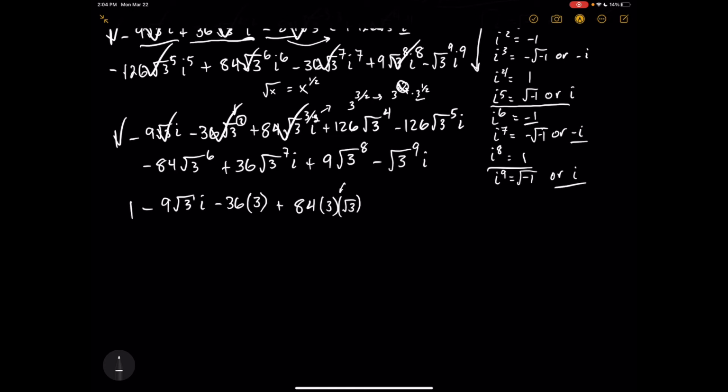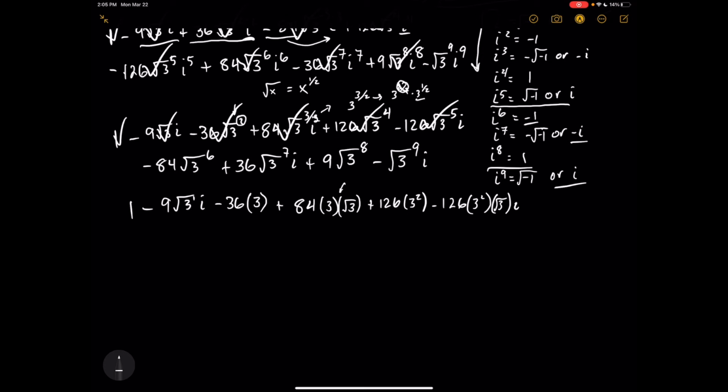Then I've got plus 126, and the root 3 to the fourth, which would be just 3 to the 4/2, which is the same as 3 squared. So canceling that out, minus 126, and then I've got 3 squared again, times the square root of 3.